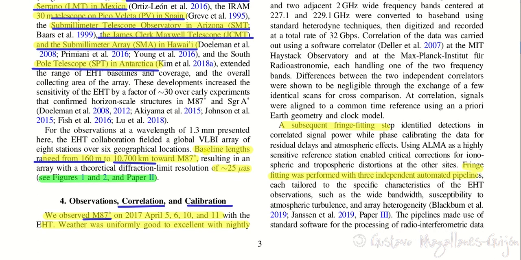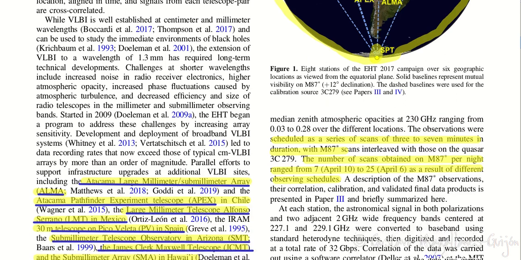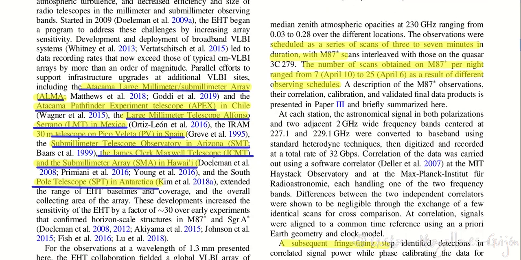M87 was observed from April 5 to 11 in April 2017, and the authors tell us that the weather was uniformly good to excellent in the days of observation, and the number of scans obtained per night ranged from 7 to 25 as a result of different observing schedules.